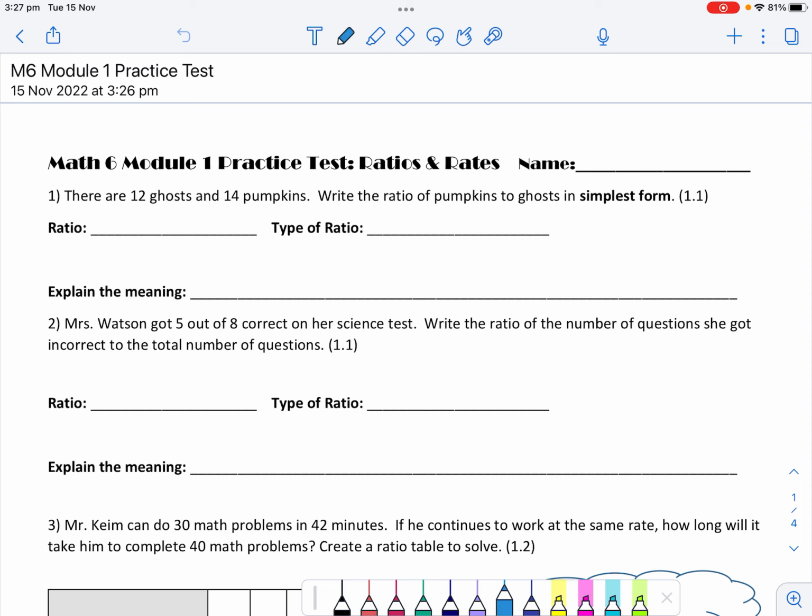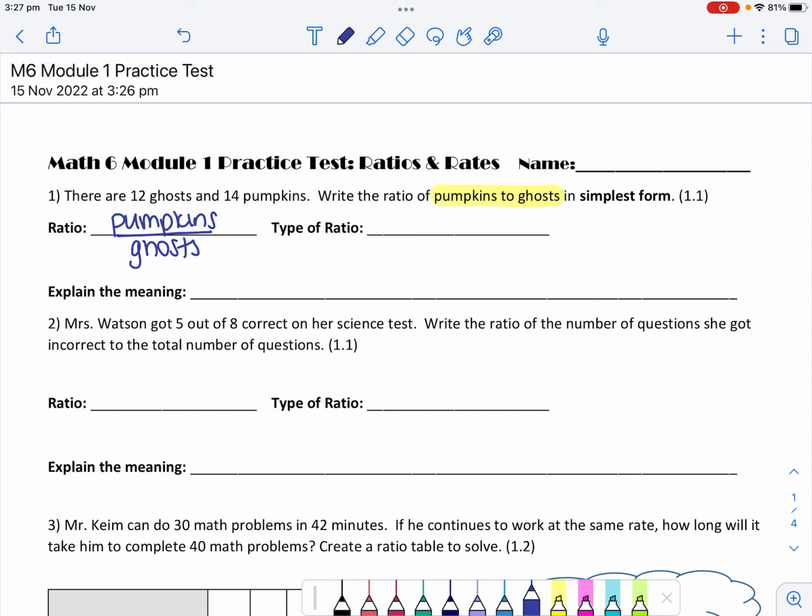So number 1 says there are 12 ghosts and 14 pumpkins. Write the ratio of pumpkins to ghosts in simplest form. So the first thing I'm going to do is write pumpkins over ghosts. And I'm going to notice that ghosts and pumpkins are not written in the correct order in my problem.